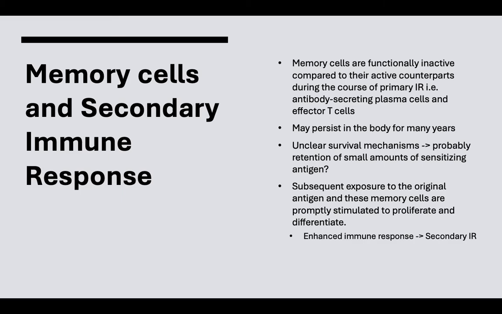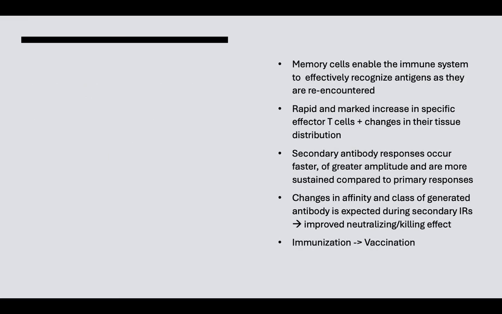Now, with the subsequent exposure to the original antigen, these memory cells will be promptly activated and stimulated, they will proliferate, differentiate, and they will produce antibodies specific to the antigen. Therefore, you have an enhanced secondary immune response.